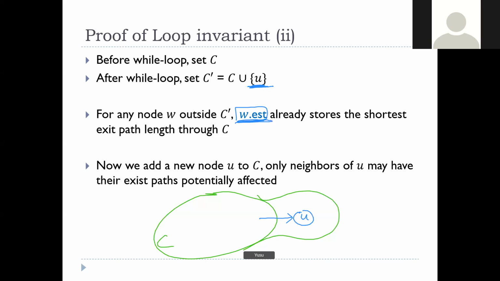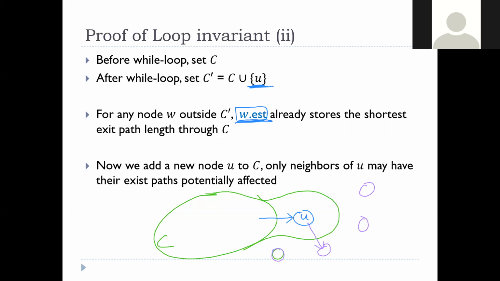Now, once we pick this one, when we explore u, the only nodes whose shortest exit path changes are those outside, because shortest exit path is for any other node outside. Let's take a different color. So all of these other nodes outside, only those who can be reached through u will have a new exit path to reach them.